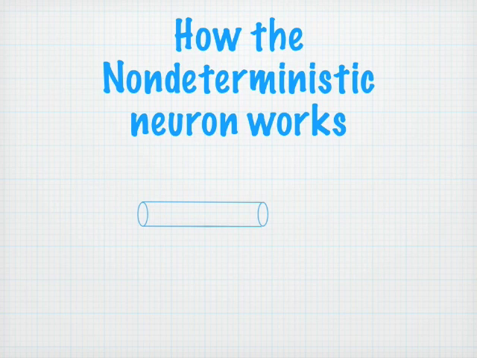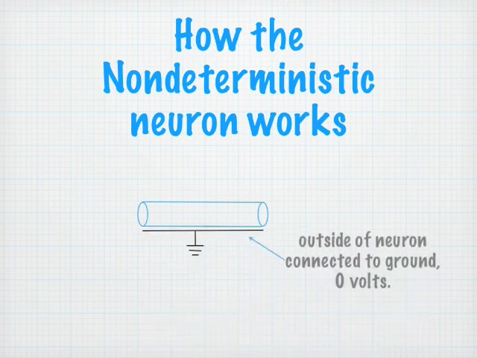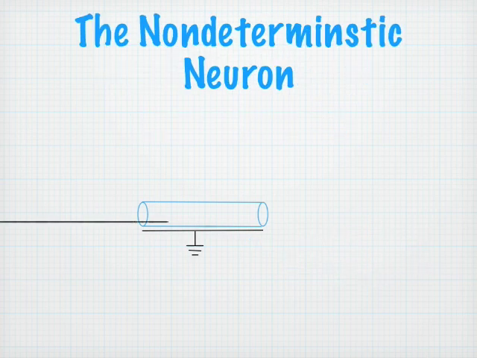All right. So the first thing we're going to do is attach an electrode to the outside of it, and we're going to ground it. So the outside of the neuron is going to be connected to our reference voltage at 0 volts. And then we're going to very carefully take a fine wire and insert it into the axon tube here, right? So basically, the outside of the neuron is grounded, and we've got a little probe on the inside that is going to be able to measure the voltage of this neuron.